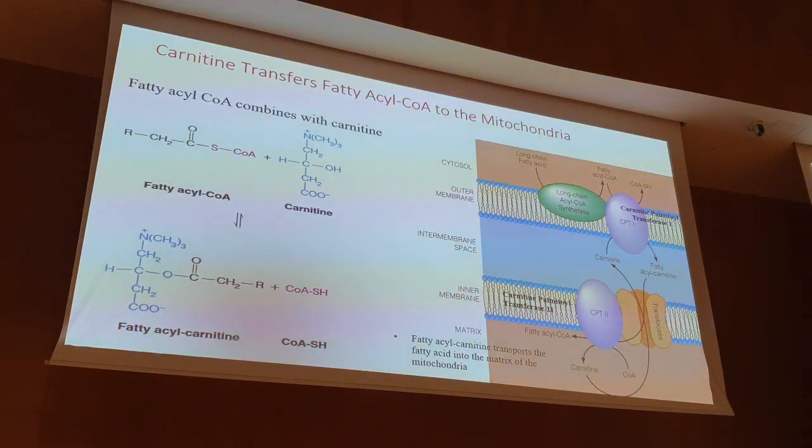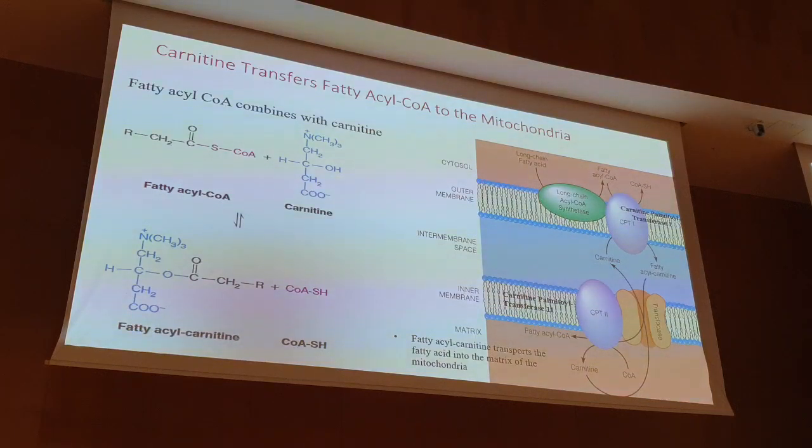It's going to transfer fatty acyl carnitine from the cytoplasm through the outer membrane into the intermembrane space. When it does that, with one enzyme, CPT1, that fatty acid now comes into the intermembrane space.